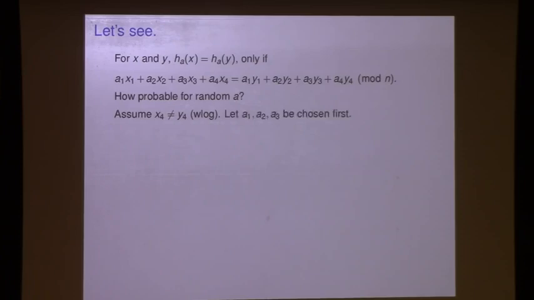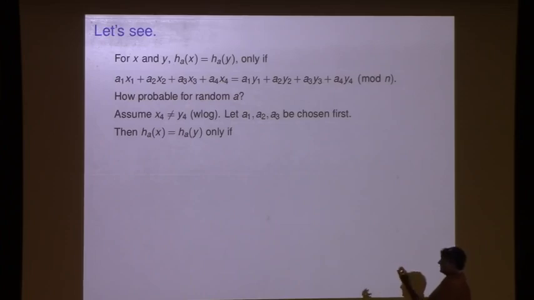Now we're going to say that A1, A2 and A3 are chosen first. We're not even going to worry about the randomness for them; they can be chosen by anybody. So now, what do we need? The bad thing is when this hash function maps x and y to the same thing.